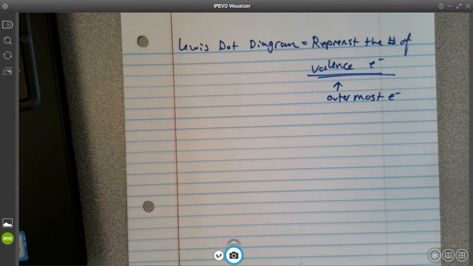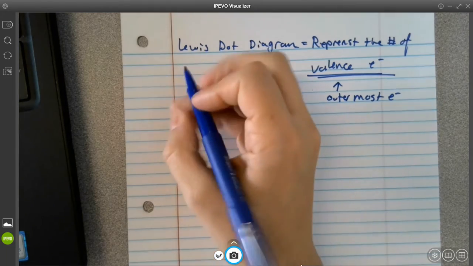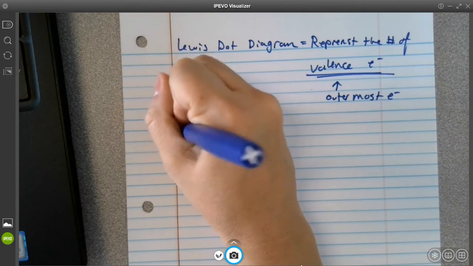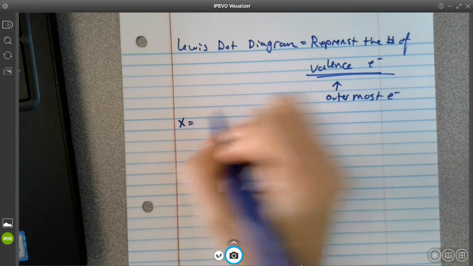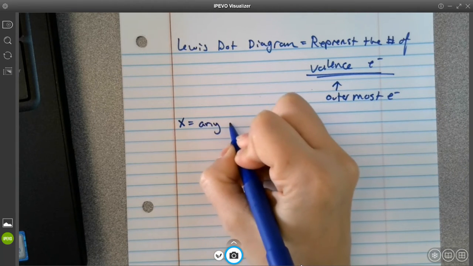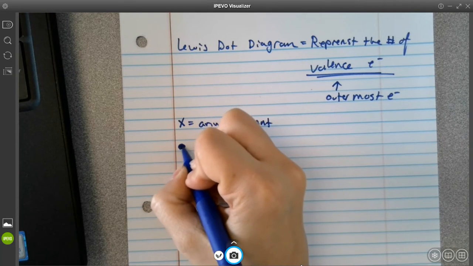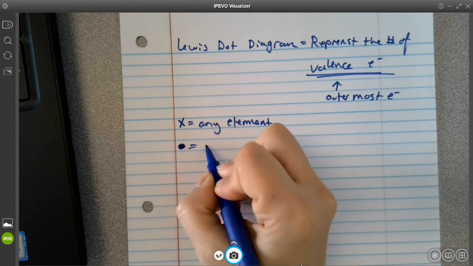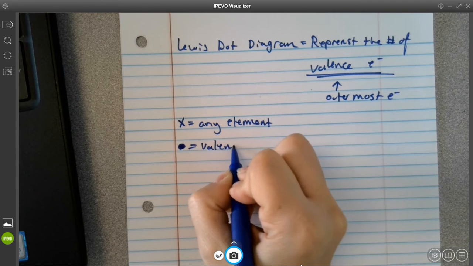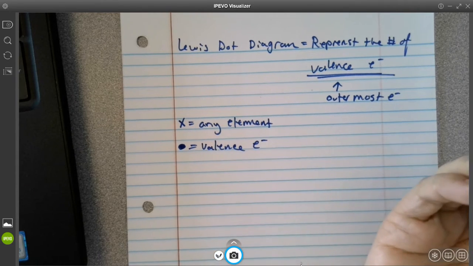How it ties in with our Lewis dot diagrams is going to be as so. X is going to represent any possible element, and my little dot here is going to represent my valence electron.